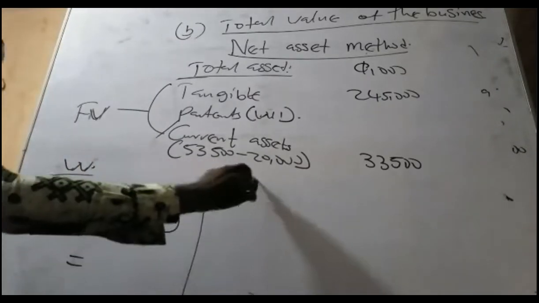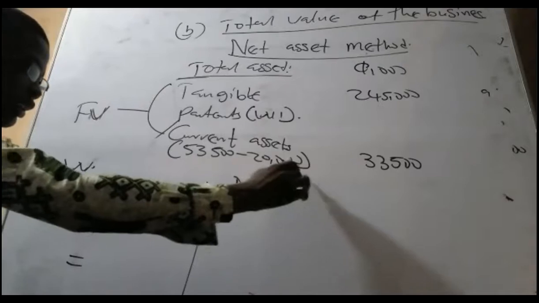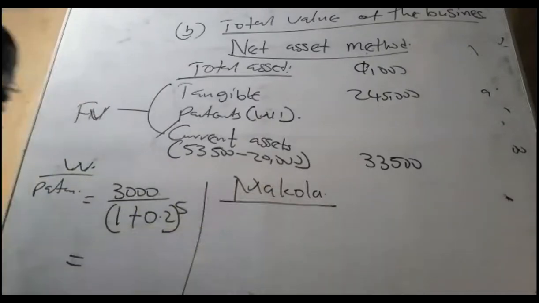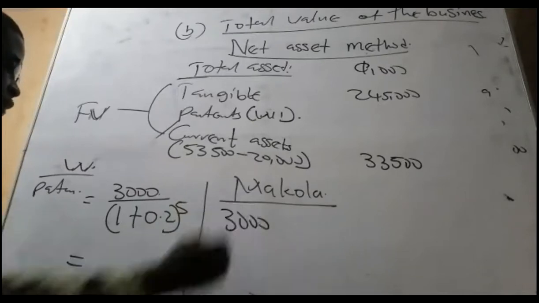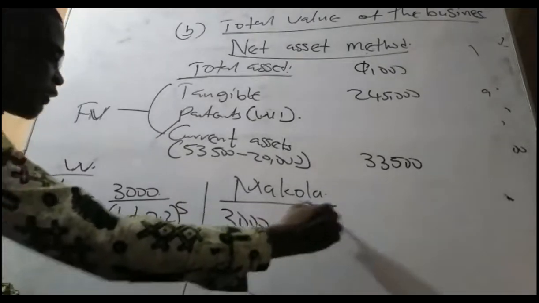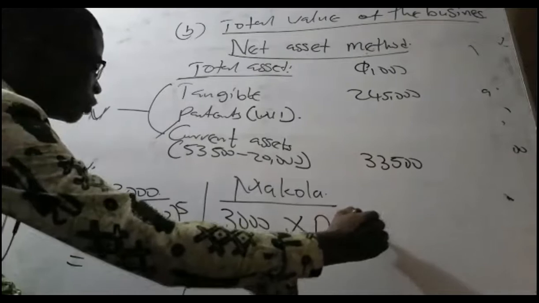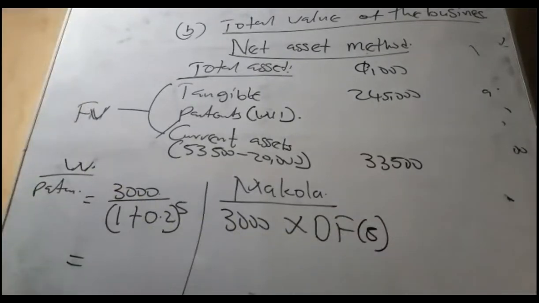If I use a Makola type of calculator, you have to do this. It's equal to 3,000 times the discount factor for year 5. That's all.